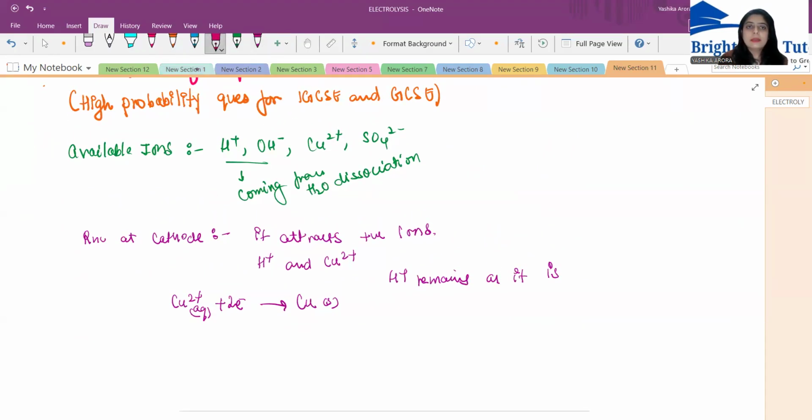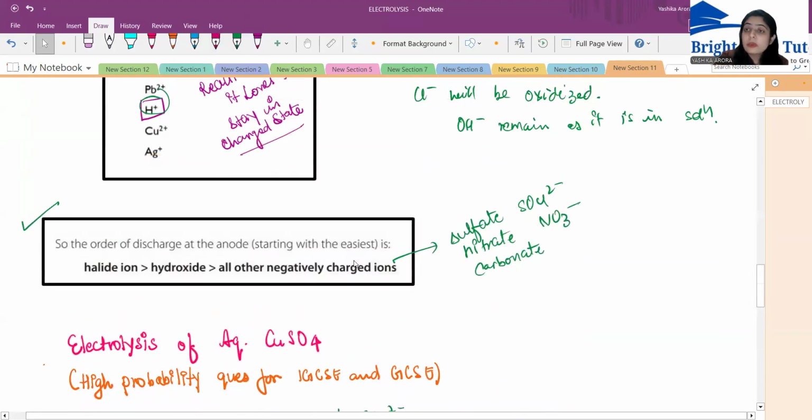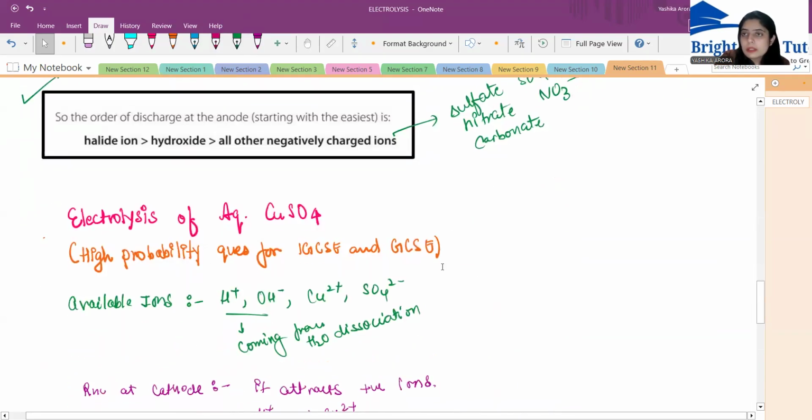Perfect. So next, let me write the reaction at the anode. Positive is anode. So it attracts negative ions. Now we have that word also, anox and red cat. Anox means the anode is the place of oxidation. So the negative ions we have are OH minus and SO4 2 minus. Now we know OH is preferred over sulfates, nitrates, carbonates.